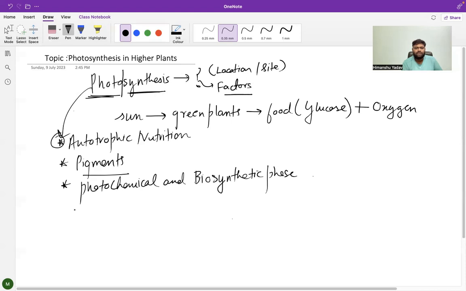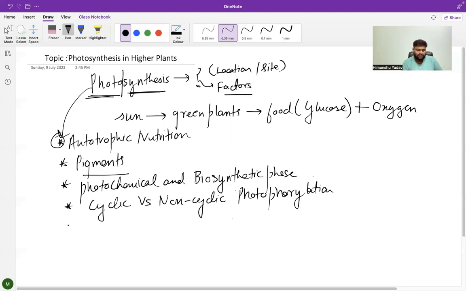Then we'll see the difference between cyclic versus non-cyclic photophosphorylation in green plants.